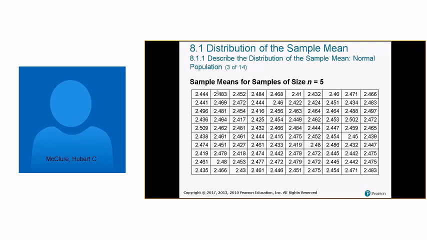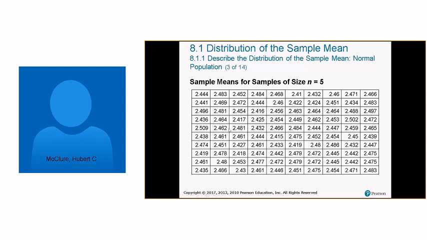And here are different sample means. If you take 5, how many times will 5 go into 200? 100 times. So 1, 2, 3, 4, 5, 6, 7, 8, 9, 10. 1, 2, 3, 4, 5, 6, 7, 8, 9, 10.